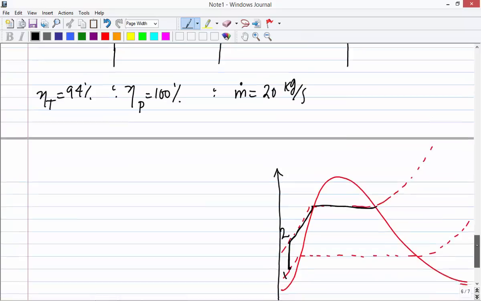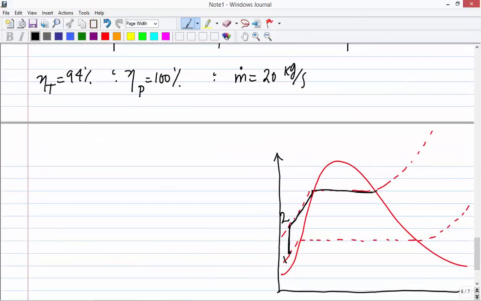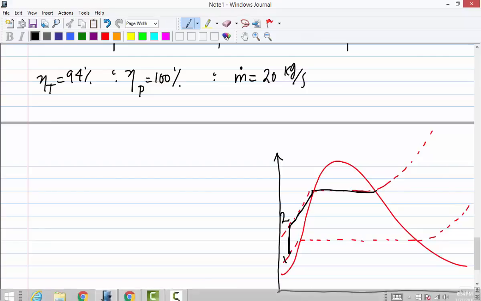Now I was looking at point 3 to see if it is at the saturated vapor or a little bit higher.